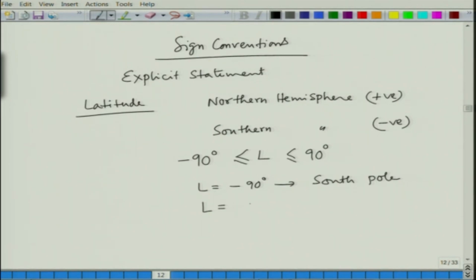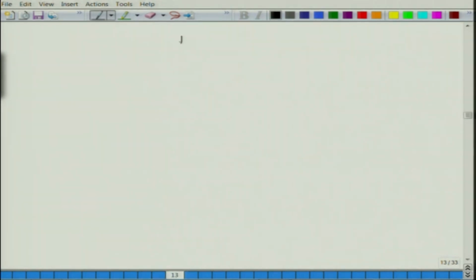And L is positive 90 degree, that means you are at the north pole. Okay. And L 0 means what? You know this, right? This is the equator. Okay. So, that is the sign convention for latitude. I guess you were familiar with this particular sign convention. Now, we will look at the declination.